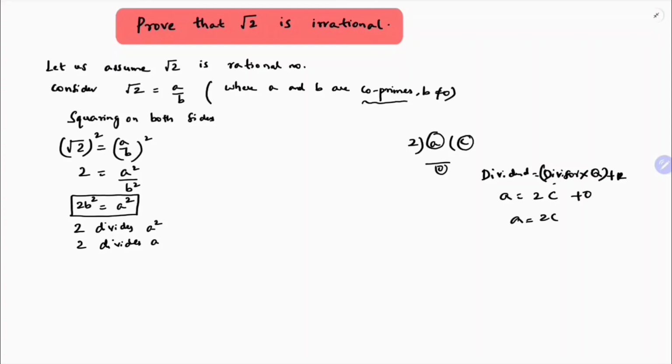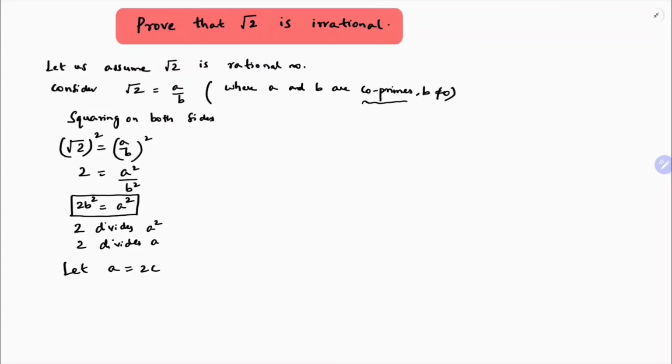So a equals 2c. Squaring on both sides again, we get a square equals 2c whole square.